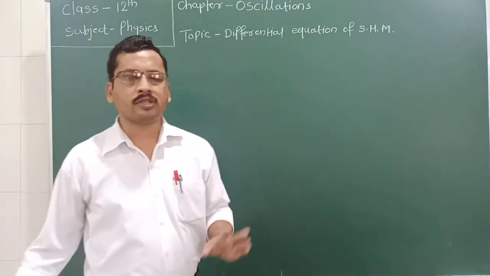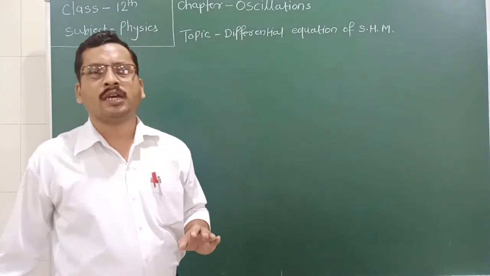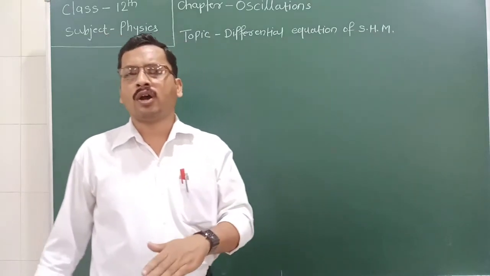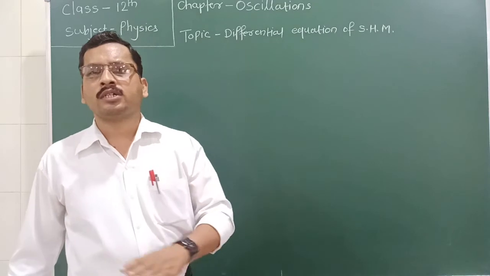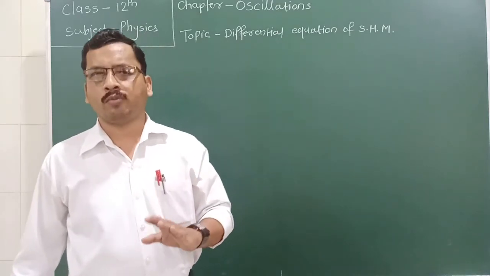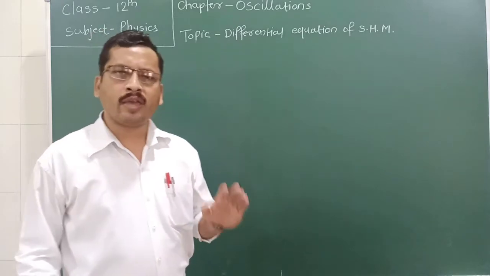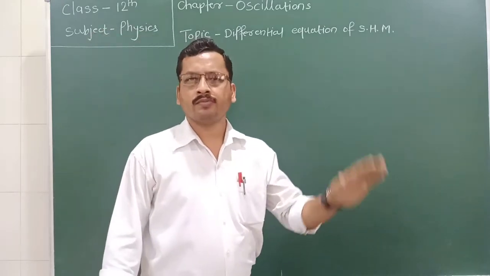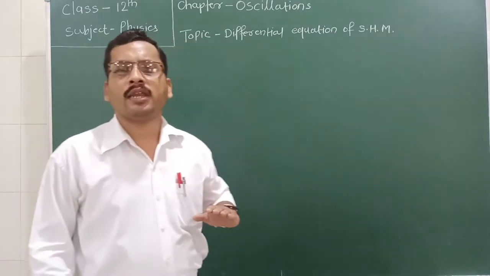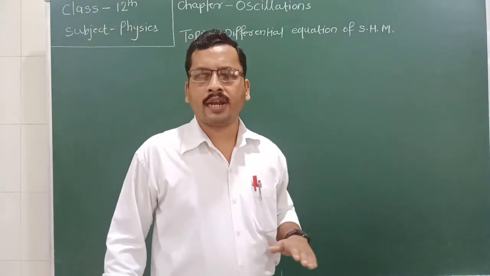What are the examples of the simple harmonic motion? The motion of the pendulum in a clock or the motion of a swing is also a simple harmonic motion. This motion may be up and down, or it may also be a linear motion in a straight line.